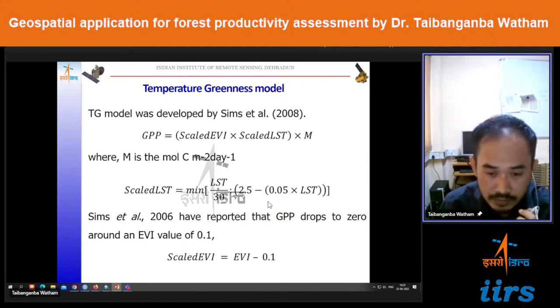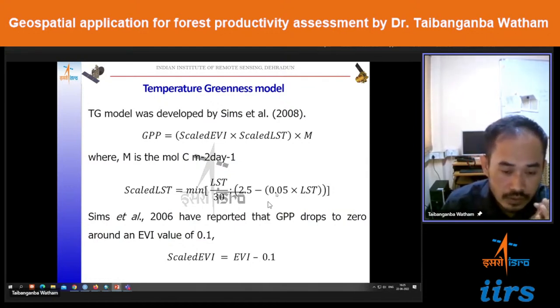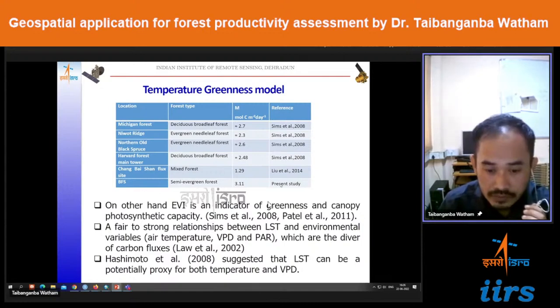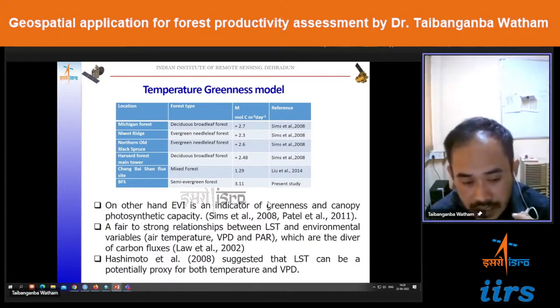Out of these two, the minimum value will be used as the scaled LST. Once we have the scaled EVI and the scaled LST, we will be able to optimize or parameterize the M value. Once we have the M value, we can use it for upscaling to a larger area.